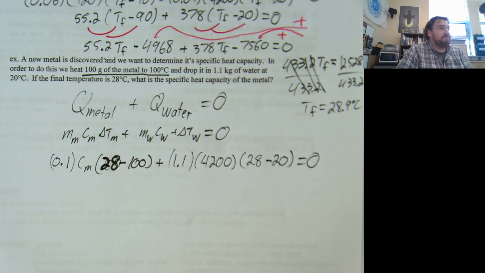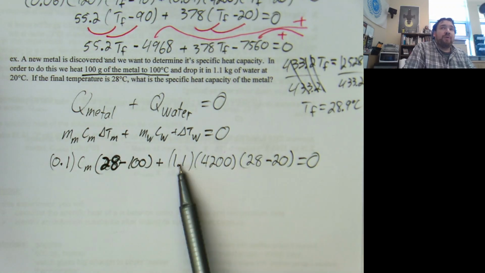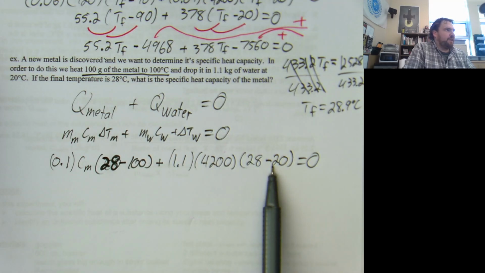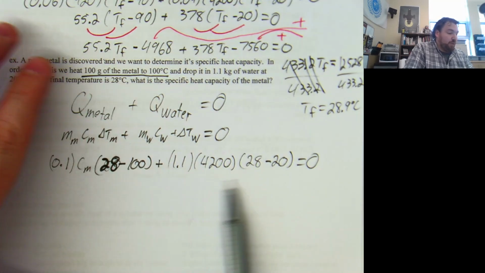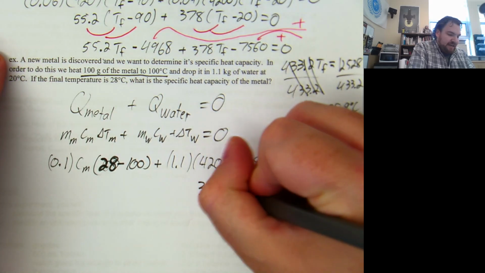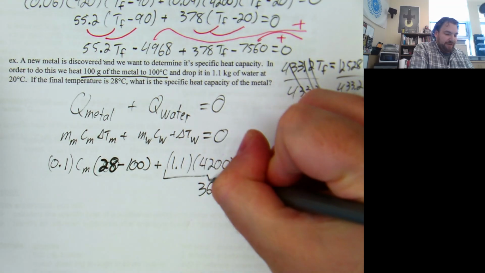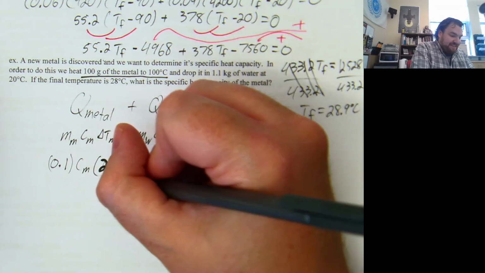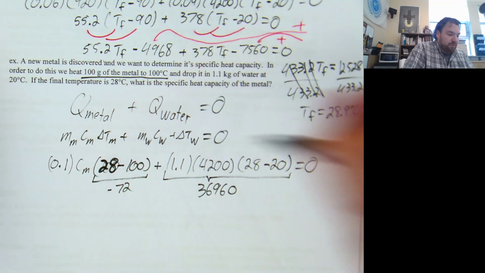For the sake of this, I'm going to punch this into my calculator for you. This whole thing, 1.1 times 4,200 times 8, since 28 minus 20 is 8, should equal 36,960. This other thing is negative 72.